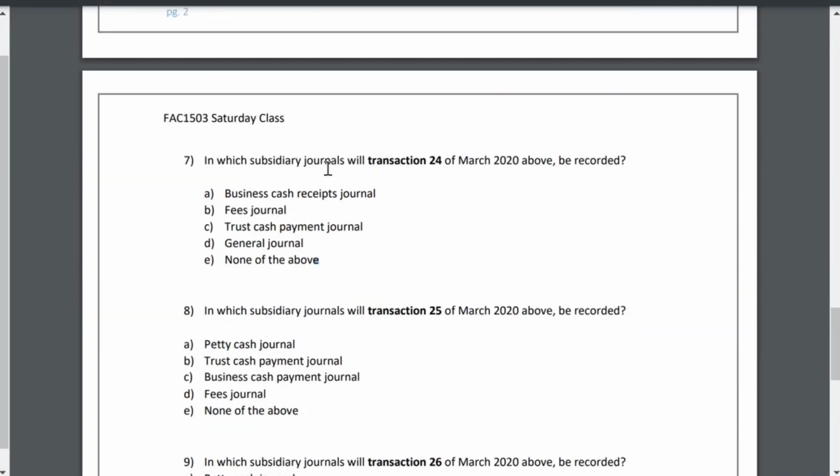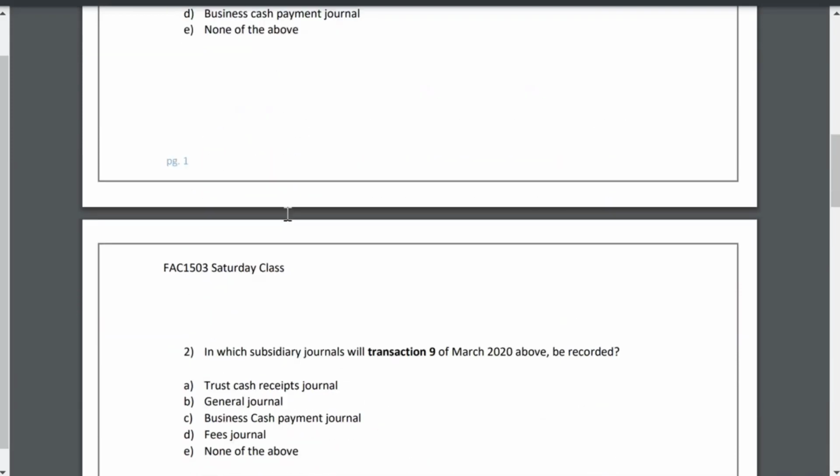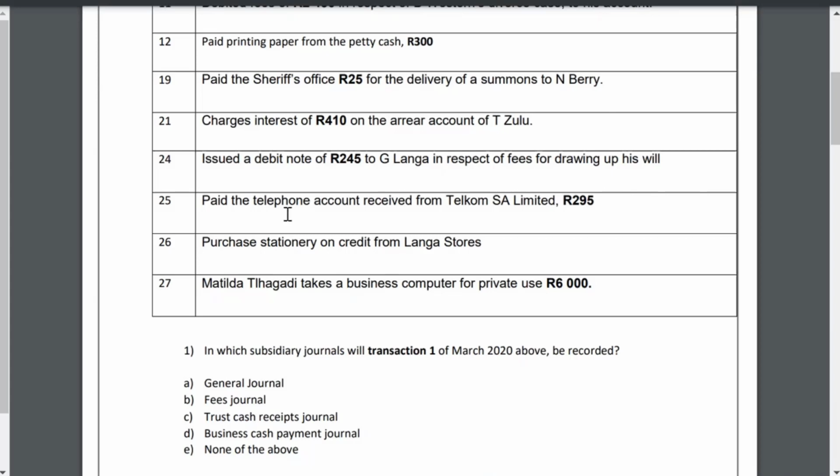Faith is saying B. Elisha is saying B. So transaction number 24 is Matilda Attorneys invoicing 245 in respect of fees for drawing up a will for G. Langa.